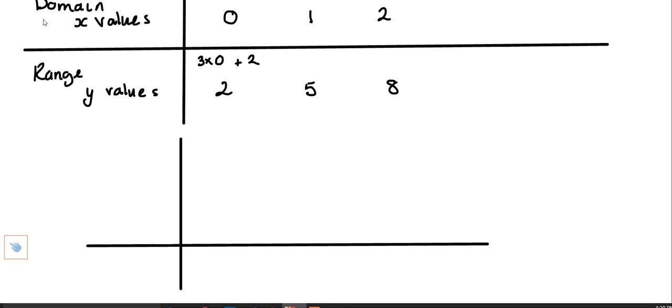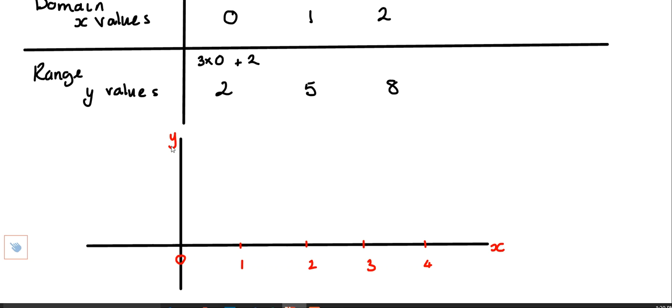They come from the ones I've chosen. On my grid, I start at 0, then pick 1, 2, 3, 4. It was my choice. I spread them out however I deem necessary. Those are my x values, and the y values are the resulting values from those x values.